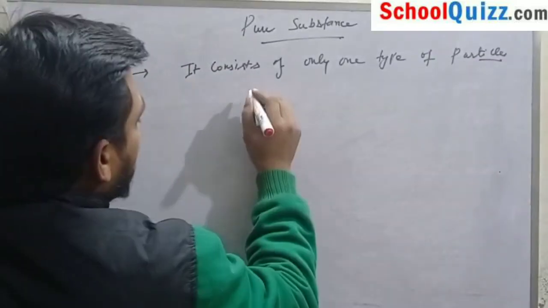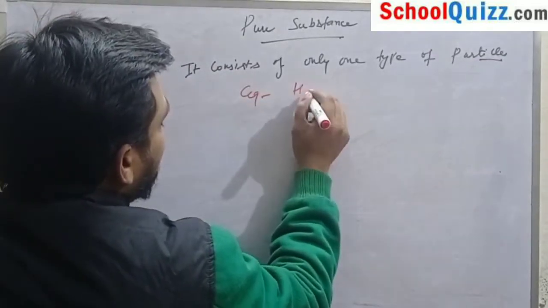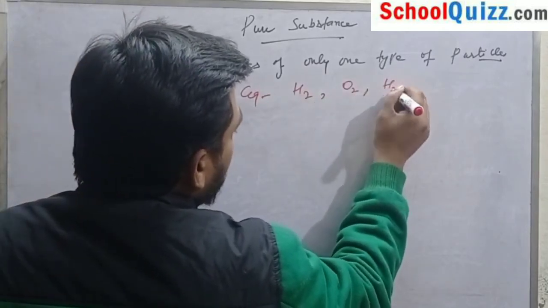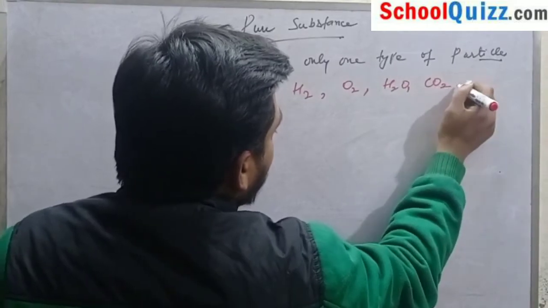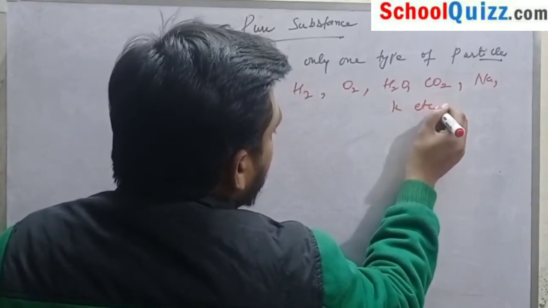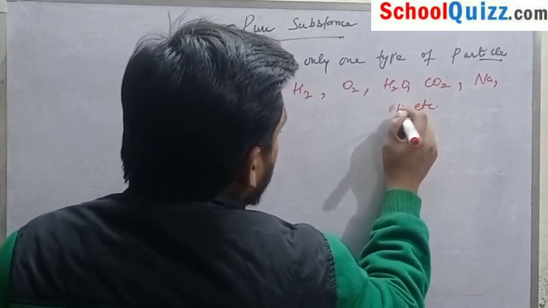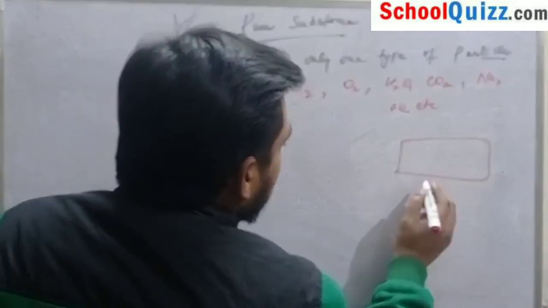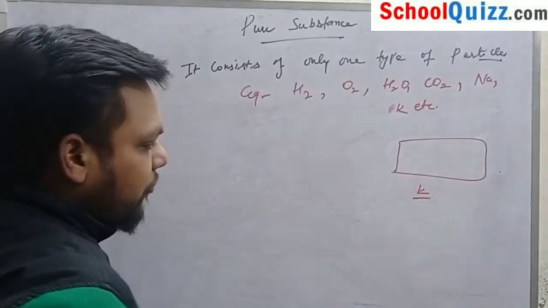Examples are hydrogen, H2, oxygen, O2, water, carbon dioxide, and elements like sodium, potassium, etc. For example, this is a piece of potassium.